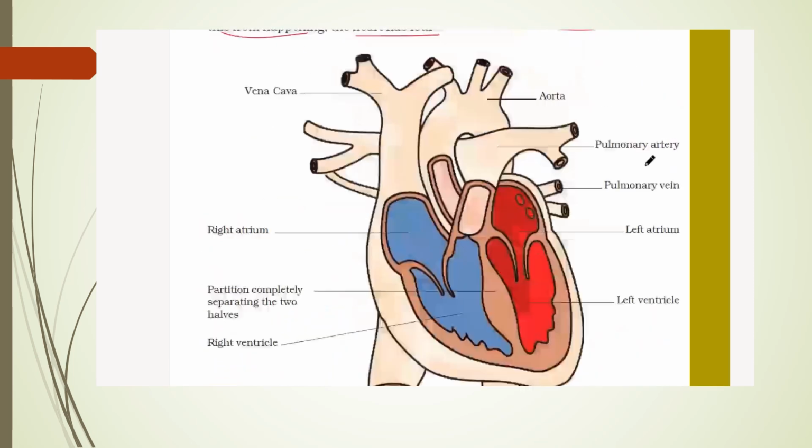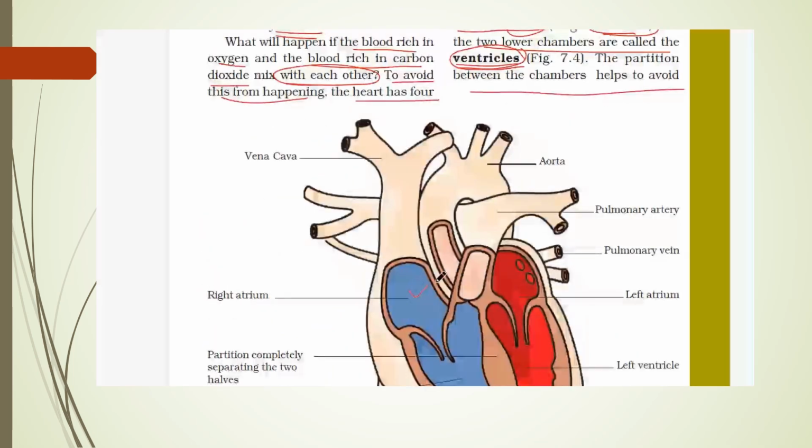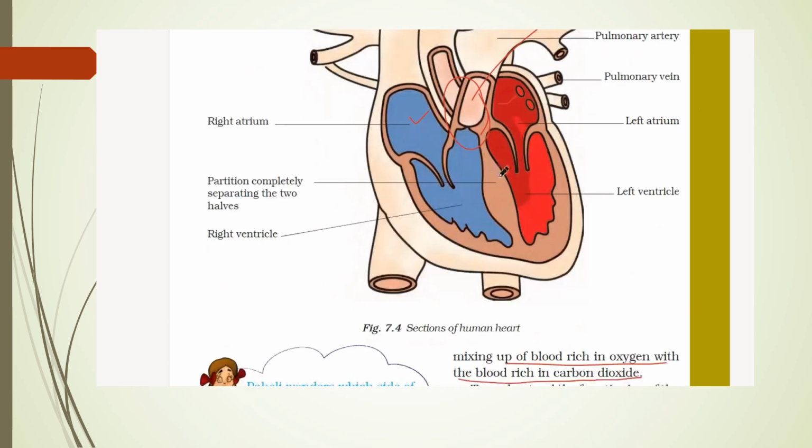In between these 2 atria there is the intra-auricular septum. And in between these 2 ventricles, this is the intraventricular septum.